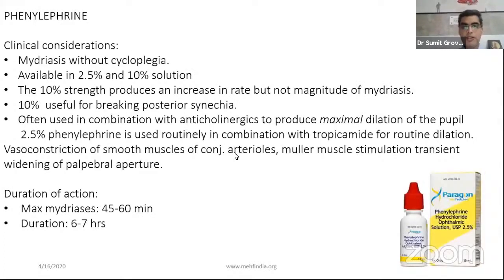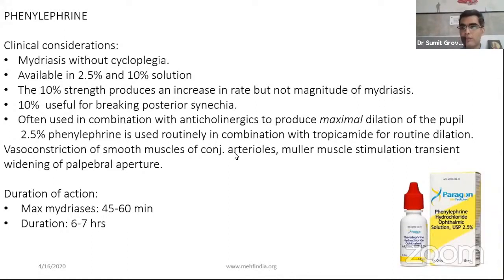Phenylephrine, as I already mentioned, is an alpha adrenergic agonist, which works through the neurotransmitter noradrenaline via the sympathetic pathway. It is the agonist of the alpha adrenergic receptors, which cause stimulation of the dilator muscles of the iris and cause mydriasis.